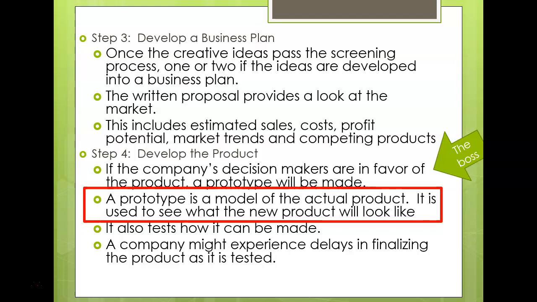Step 4 is we actually start developing the product. We're actually going to see if we can make this happen. You see this a lot with cars. Cars go through a product development cycle of years. The latest brand new car, the 2021 Chevy Silverado 1500, was in a design process for multiple years, as they figured out everything from the way it was going to look, to the way they were going to get the products they wanted in it.